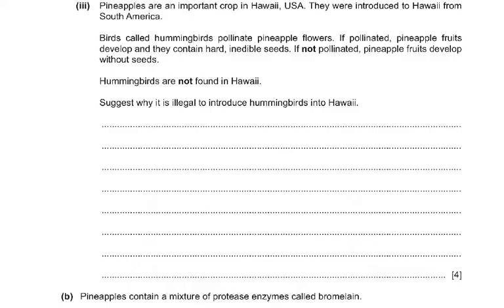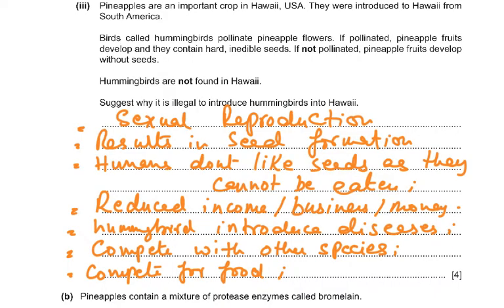So, why is it illegal to introduce hummingbirds into Hawaii? These were the main reasons, and of course, you had to give me any 4 reasons. There are many more given in the mark schemes, but you have to give me any 4 of those. So I've just explained it to you, and now I've worded it for you. Hummingbirds would cause pollination and flower and fruit formation.